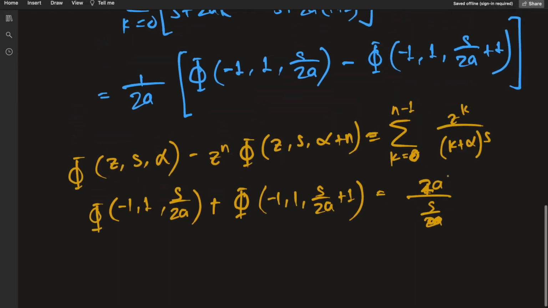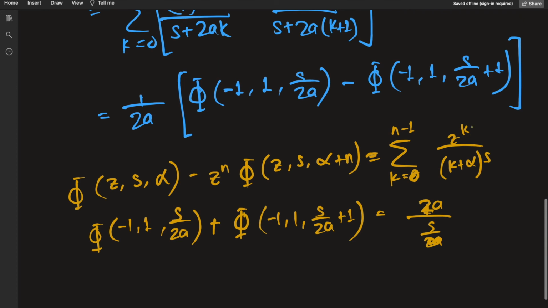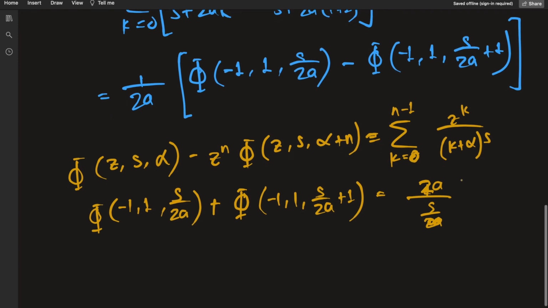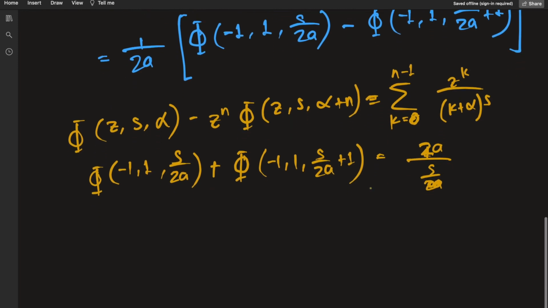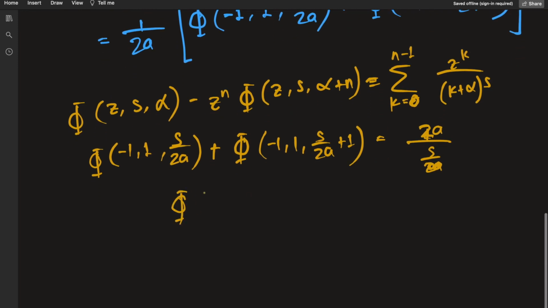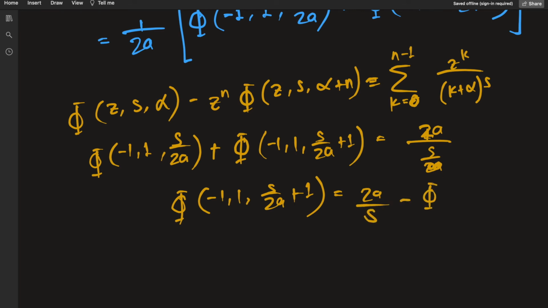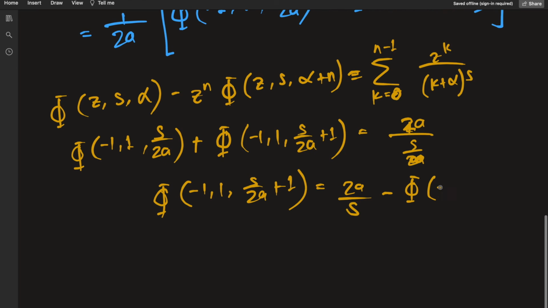When you substitute in for k equals 0, you have z to the 0, so that's going to be 1. And we have alpha to the s, which is alpha, so 2a over s, which means that the second Lerch transcendent term is 2a over s minus the first.